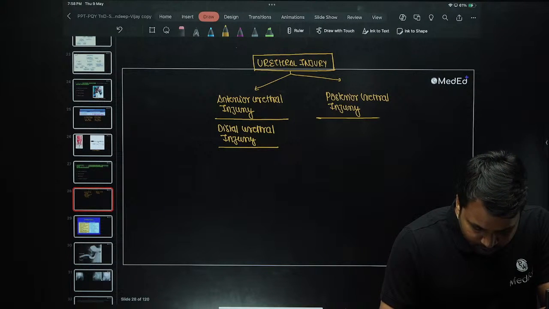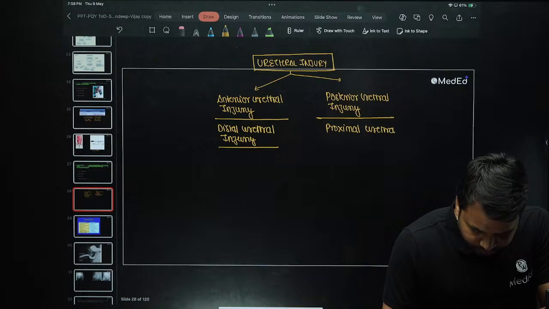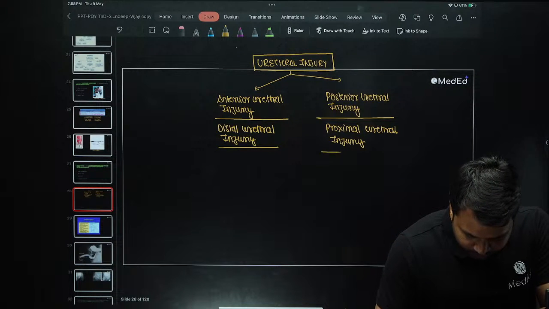And the posterior urethral injury is what we call the proximal urethral injury.